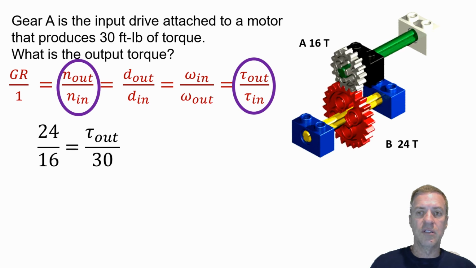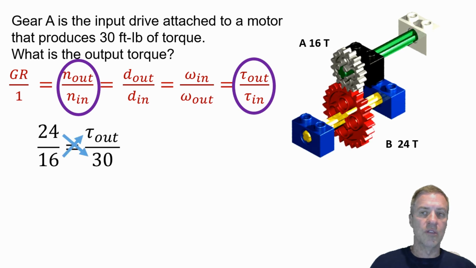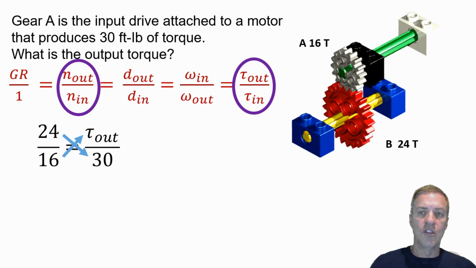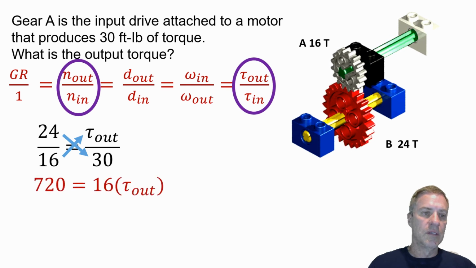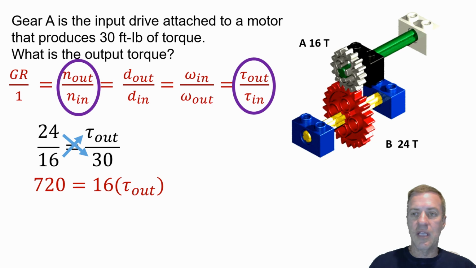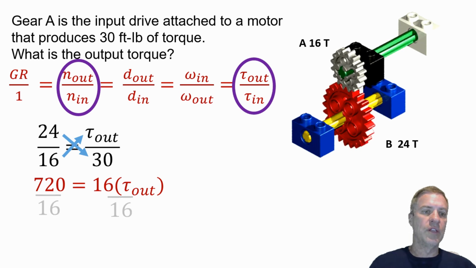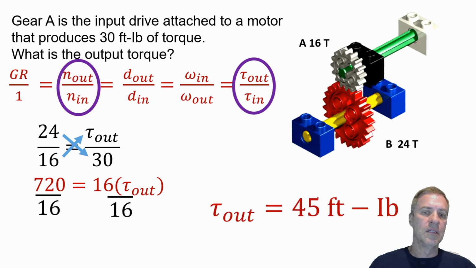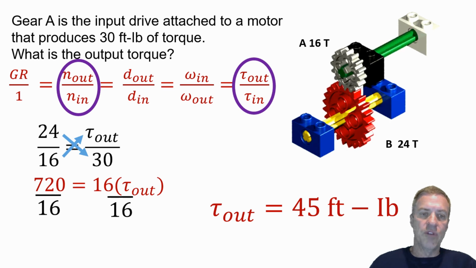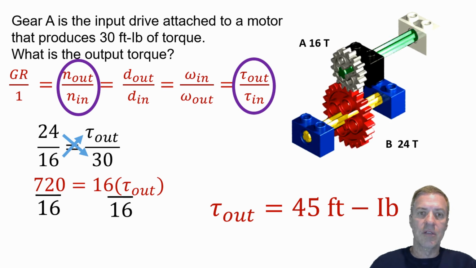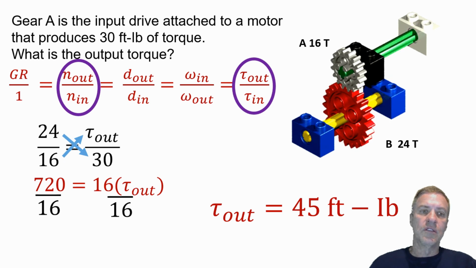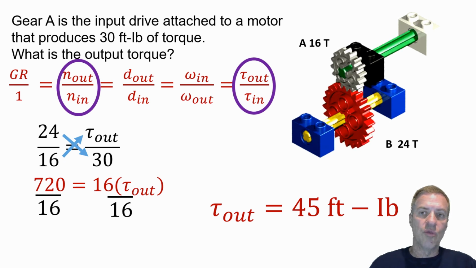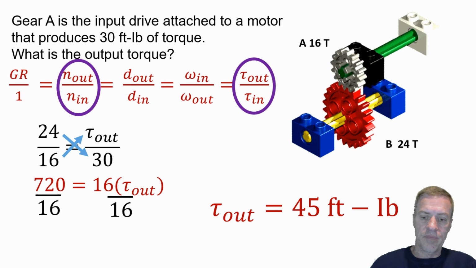So we set up our fraction. We cross multiply. 24 times 30 is 720. 16 times T out is just 16 T out. We divide by 16. And we get 45 foot-pounds of torque coming out. And again, we've got the smaller gear driving the bigger gear. So we're going to get more output torque than we've got going in.